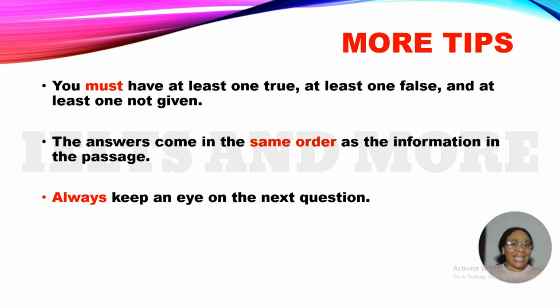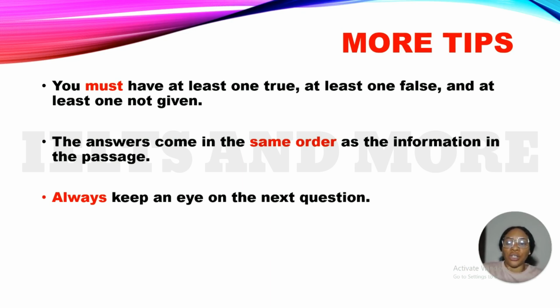So, let's say you read number one question because that's the one you're on. But you also have an idea what number two is asking about. I'm not saying read one and two and memorize both, but yes, memorize one because you're on number one, but then have an idea of the keywords in number two. Just have an idea what number two is talking about. And then you start reading for number one.